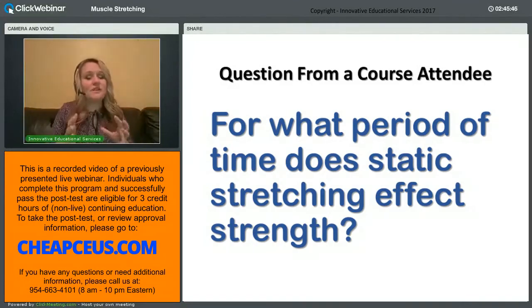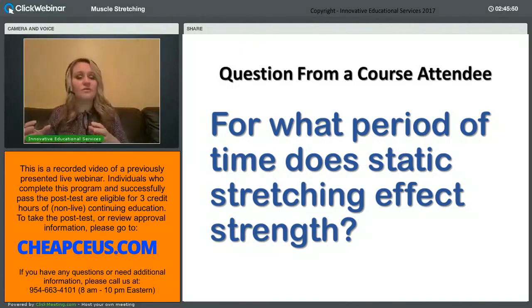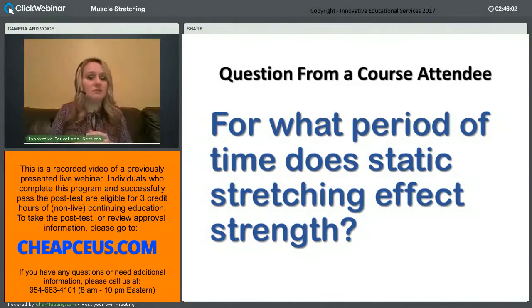But because it is variable, that's where, when we look at structuring our programs for return to activity in particular, static stretching, they're tending to say that's why it should be post-sport or at a different time, because it is variable in terms of its impact on muscle functioning.